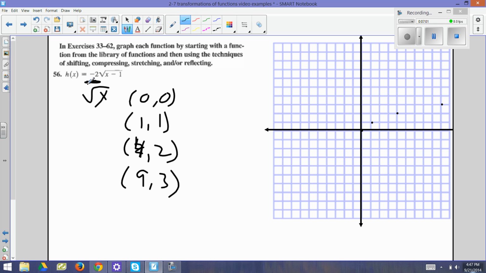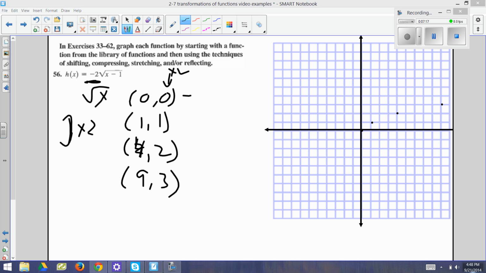The 2 stretches it vertically by a factor of 2. So my y is changing by a factor of 2. This point, (0, 0), stays (0, 0).